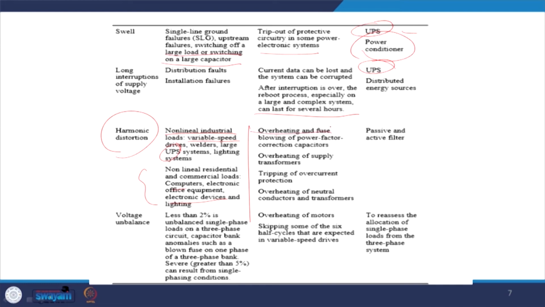So, blowing of the power factor correction capacitors, overheating of the supply transformer, we shall see in detail why it is so, tripping of the overcurrent protections, because the peak may increase because of the presence of harmonics, overheating of the neutral conductor, and this solution is provided by active power filter or passive power filter.